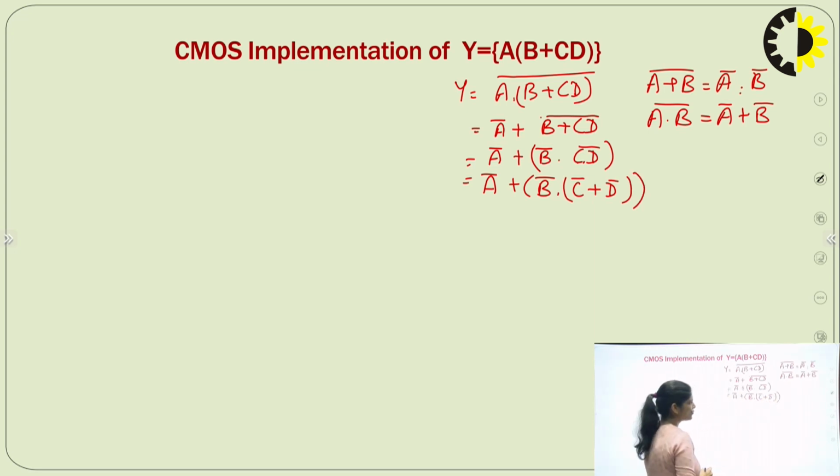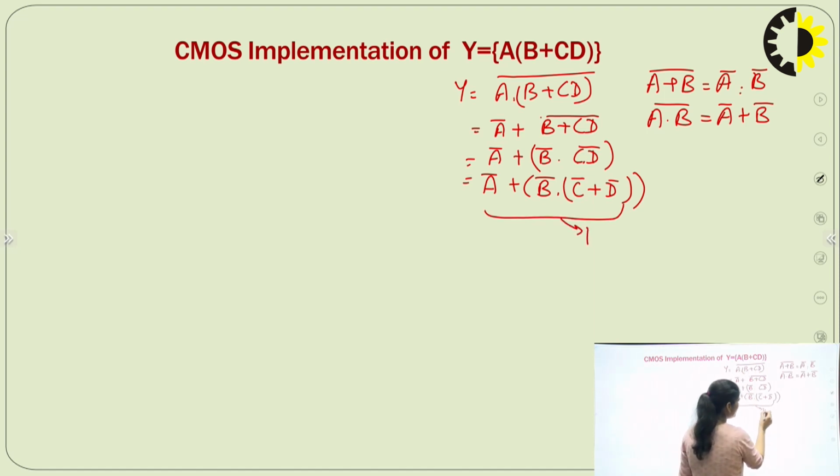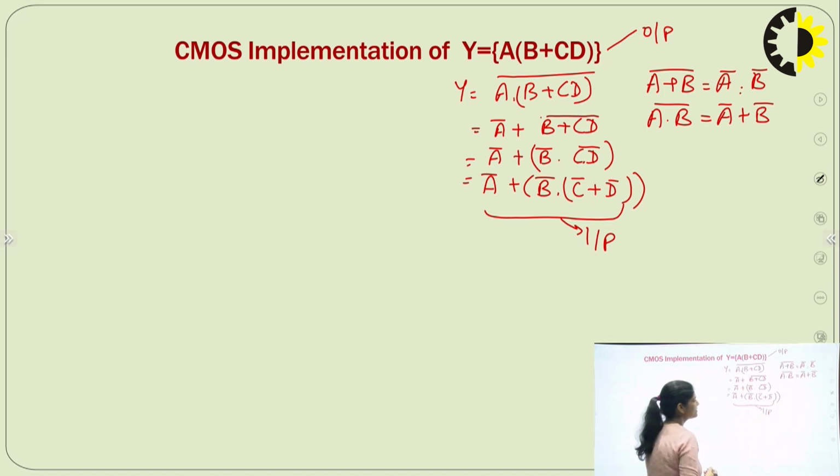So this is the actual equation when we are solving this bar. So this is your input. If this is your input, you will get output in this form. Okay. So consider here this is the input. So here C bar plus D bar means plus is here. It means C bar and D bar are connected in parallel. So here we can implement it.